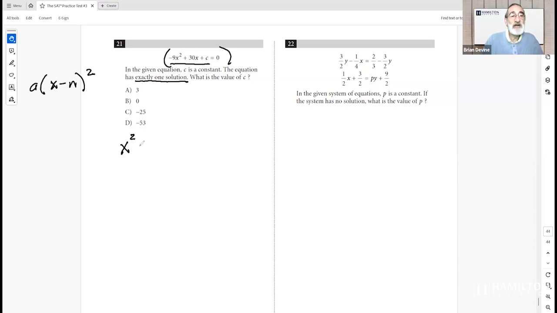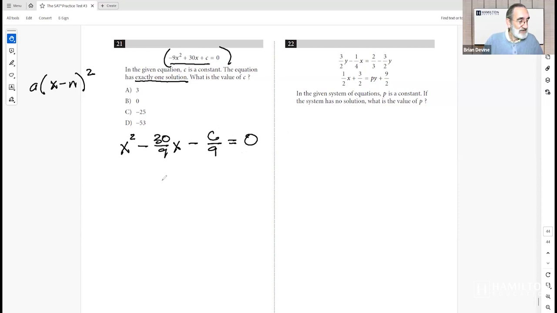If I divide 30 by -9, I'm going to have minus 30 over 9x. And then I will have c over -9, which makes that minus c over 9. And that's going to equal 0 because 0 divided by -9 would still be 0.